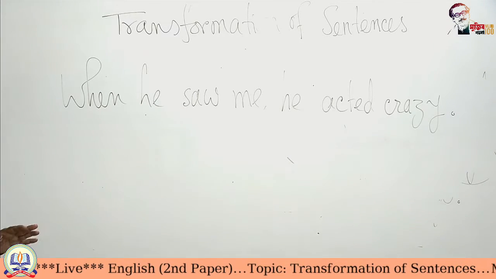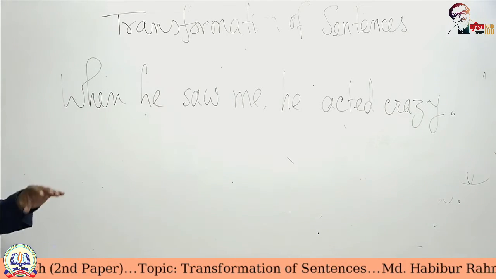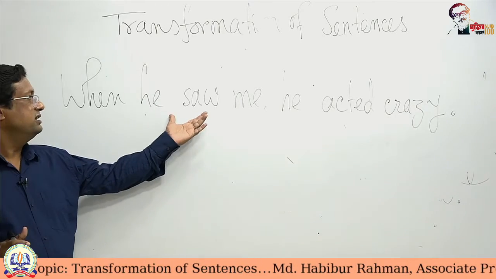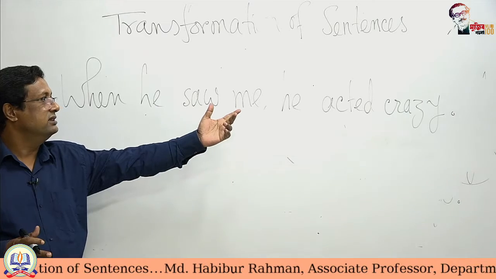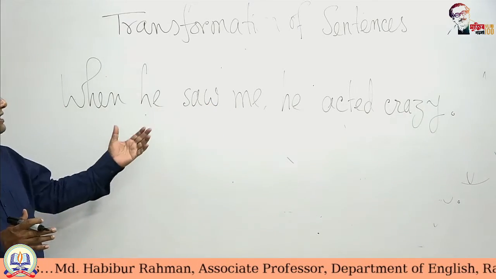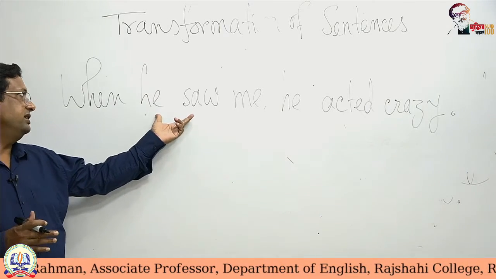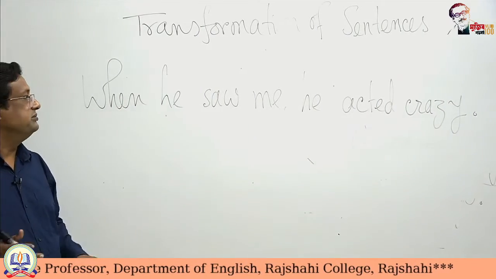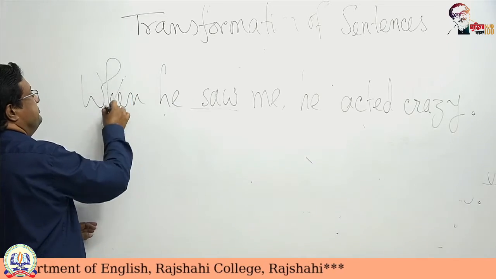And now I will change this. So how can I change this? This action is the first action and second action is acted crazy. He acted crazy. That is why I can change this into a present participle. So I can say, seeing me. I will eliminate when.